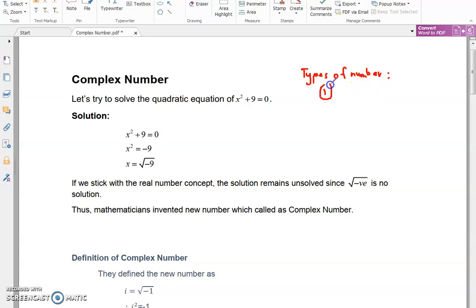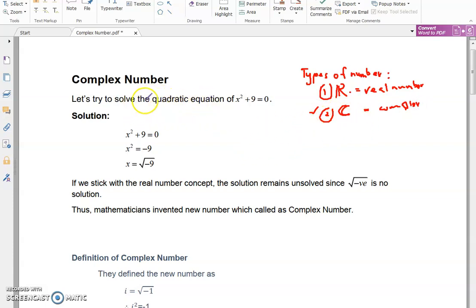The first one we call a real number, and usually we use the symbol R. The second one is what we call a complex number. So this is a real number, and this is a complex number. We are going to discuss the second type, which is the complex number.